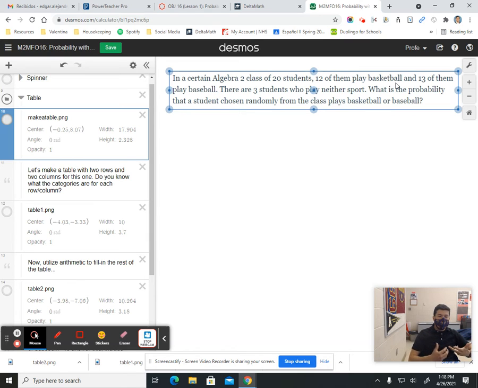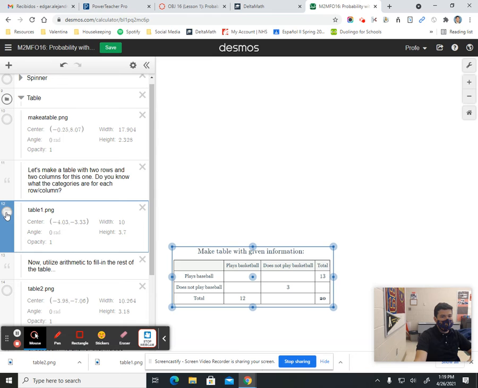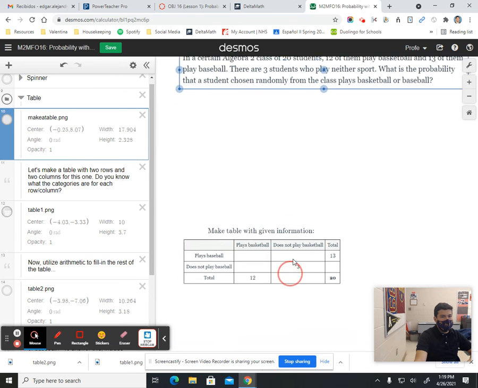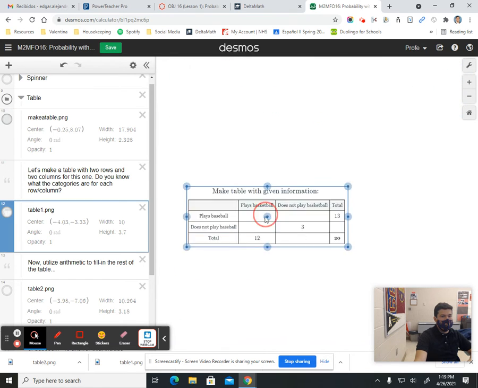While some people can organize these thoughts in their head, to answer the question, what's the probability that a student chosen plays basketball or baseball, it's best to think about this with a table. It's a way of organizing our thoughts.